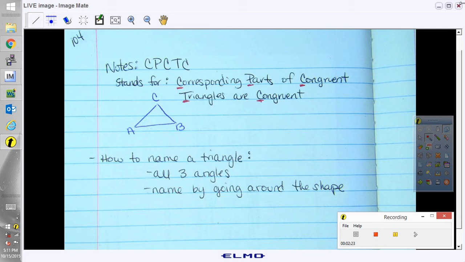Okay. And then the last thing we're going to do is we're going to talk about how to name an angle. And this is probably the most difficult because there are several different ways that you can name an angle.